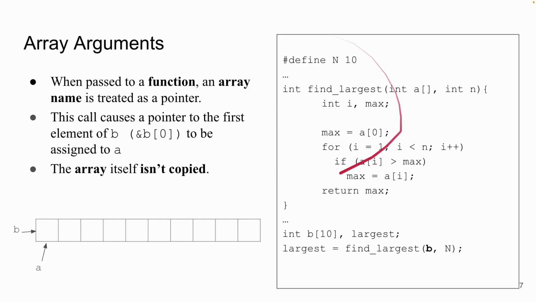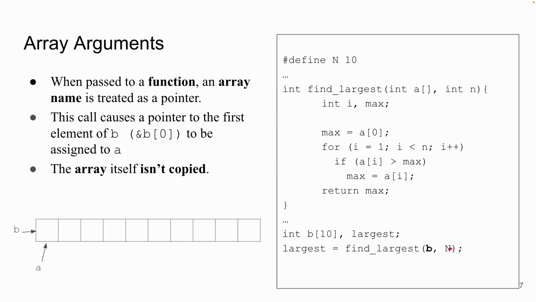So in this example here, we have array B, and we have a function called find largest. The function has two parameters. The first one is array A, and the second one is the integer variable n. What this function will do is find the largest value in this input array.